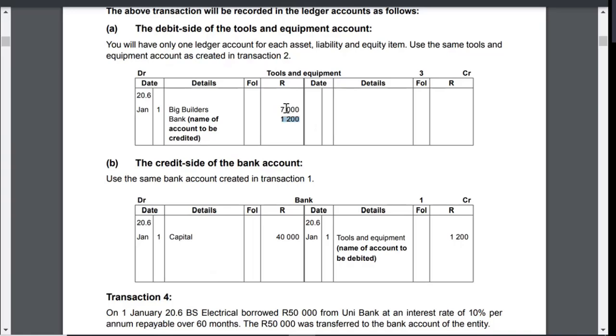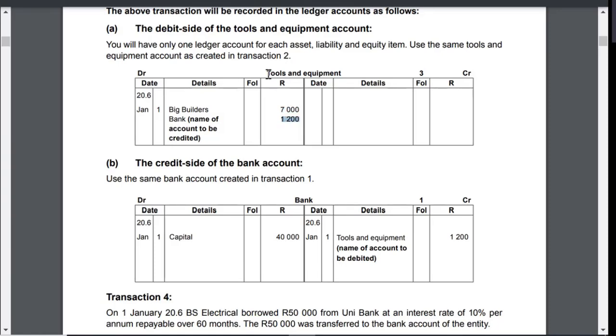So initially we bought a toolbox for 7,000. Initially, BS Electrical only had one asset, which is the toolbox, but they bought an additional asset, which is a ladder for 1,200.